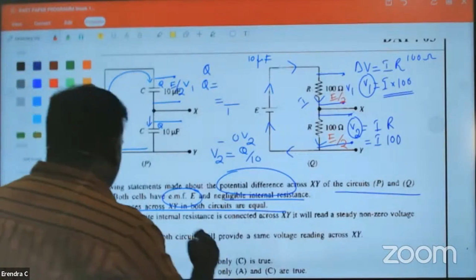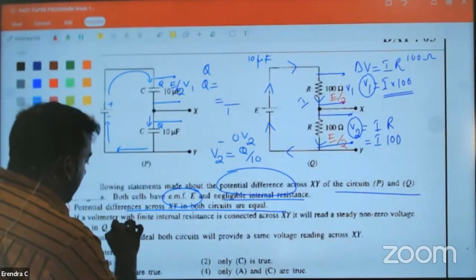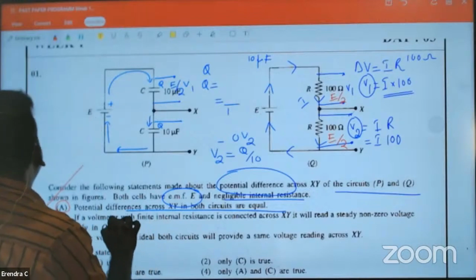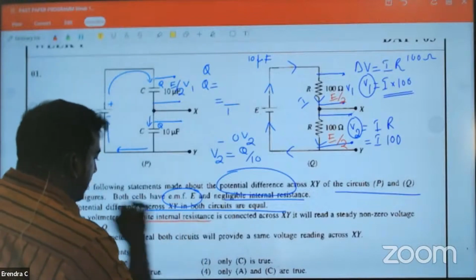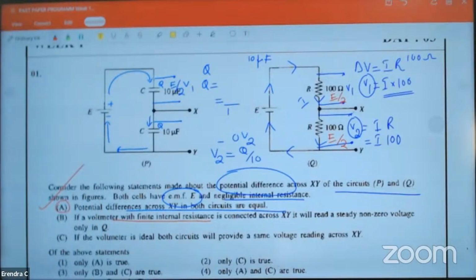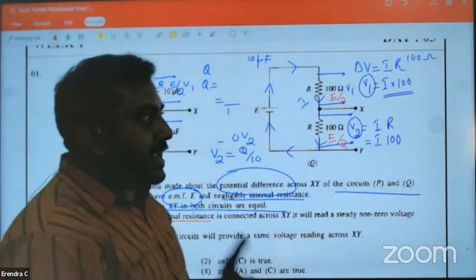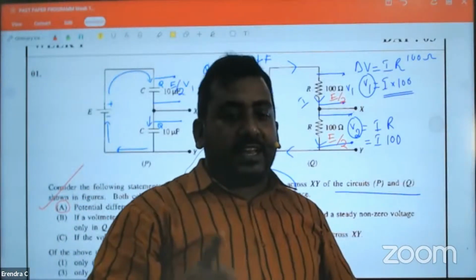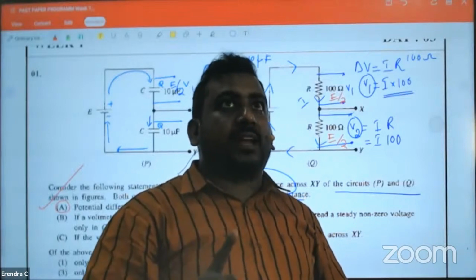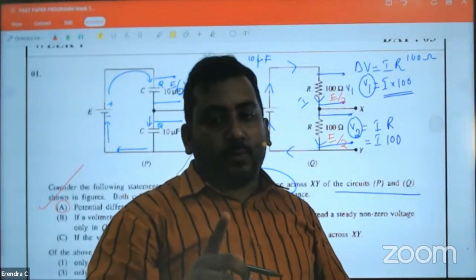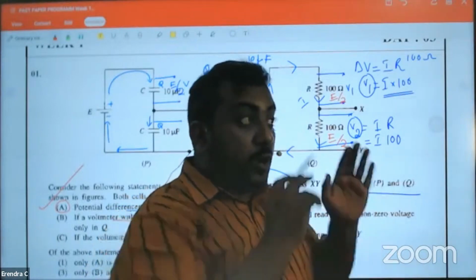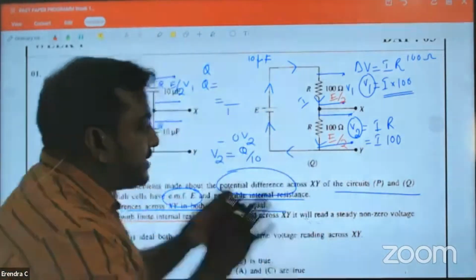Now, look at this. A voltmeter with finite internal resistance. Yesterday, can you remember I told you? If in the voltmeter there is no finite, finite means there is nothing through.